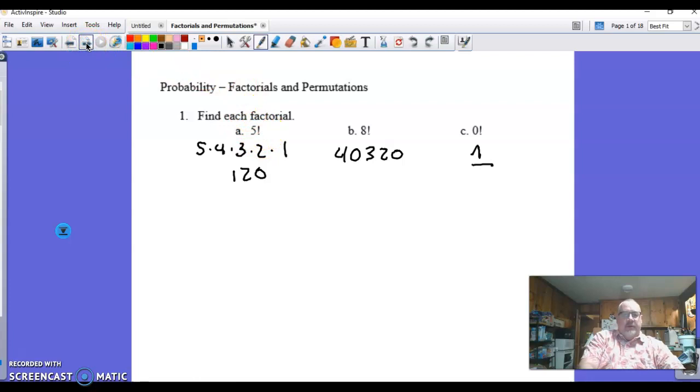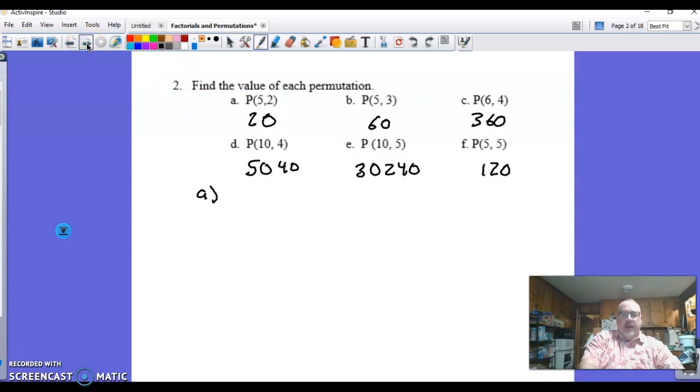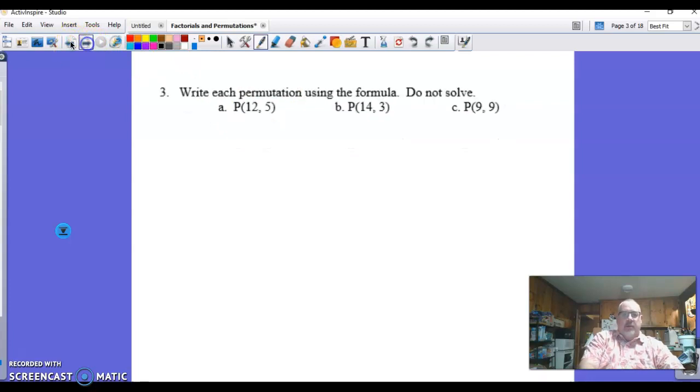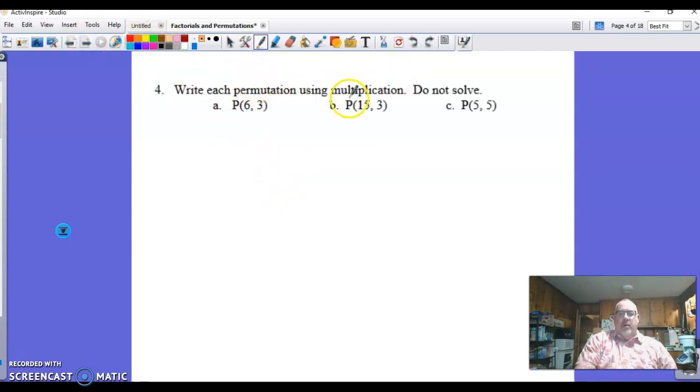If we go into the third page, number 3, oh, I think I just went one too far. Actually, skip over to number 4 while we're thinking about it, because this 5, 5 is, if you're writing it as multiplication, well, we'll start here. 6, 3 means you start with 6 and multiply down, but just the first 3 numbers.